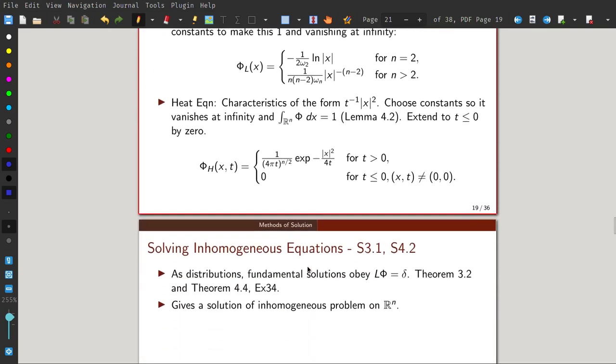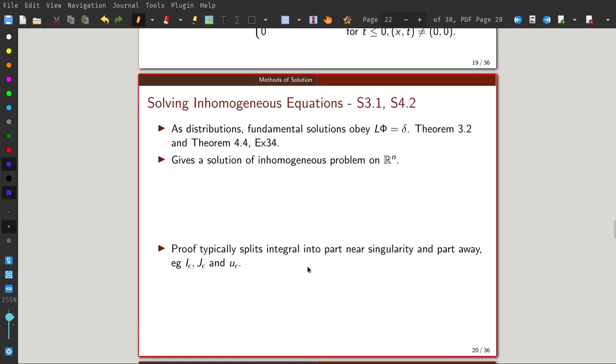Okay, so what do we use fundamental solutions for? Fundamental solutions are used for having a solution to the inhomogeneous equation. All right, and so we know that if you have a solution to the inhomogeneous equation, you can add any other homogeneous solution, so in the Laplace equation, this would be a harmonic function, or a solution to the homogeneous heat equation, and get another one.